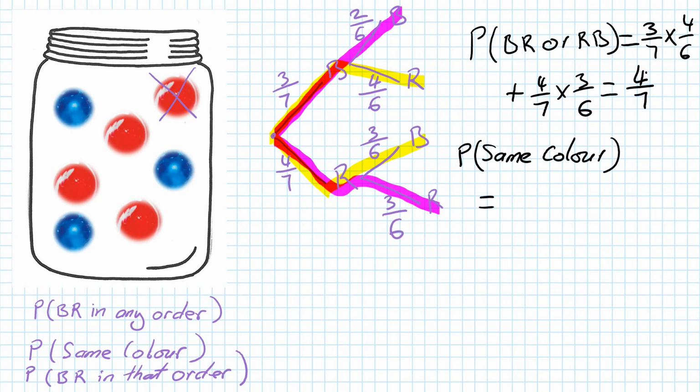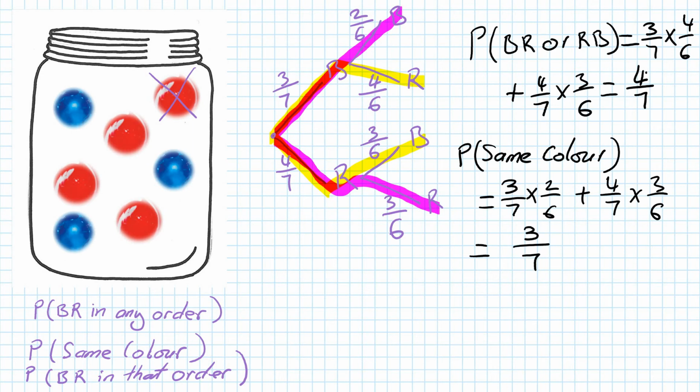Blue blue is 3/7 times 2/6, plus red red, which is 4/7 times 3/6. If you put that in your calculator, you should get 3/7. So that's what you should get, 3/7.